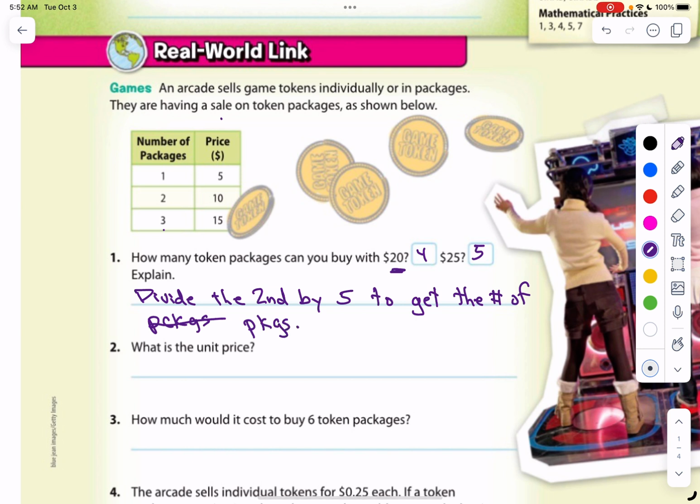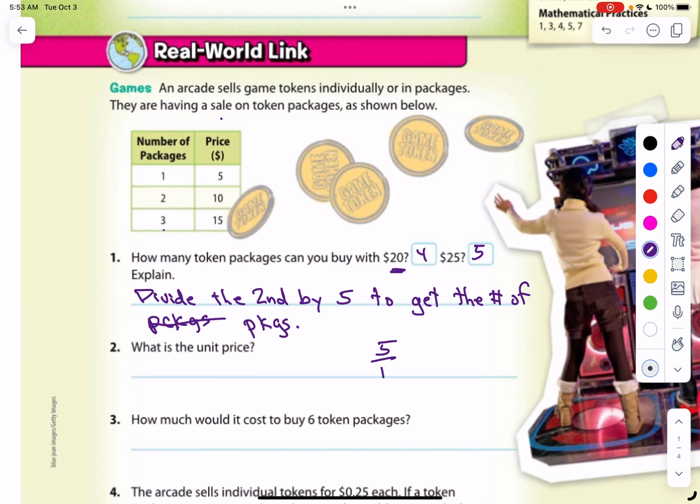There we go. So what's the unit price? In other words, how much to buy one? In this problem, 1 is one package, okay? So the unit price is $5 per one package. How much would it cost to buy 6 token packages?